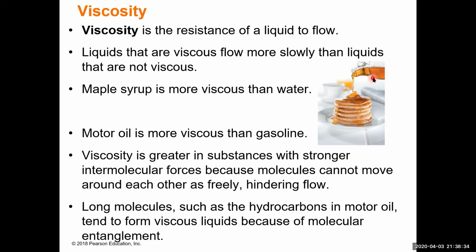The majority of us have used syrup on pancakes or waffles, and we have seen that the maple syrup flows more slowly than does water. And this is because maple syrup is more viscous than water. Similarly, motor oil is also more viscous than water. Oh, I'm sorry, motor oil is more viscous than gasoline.